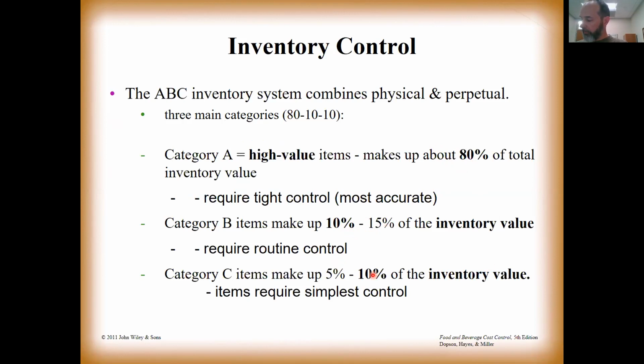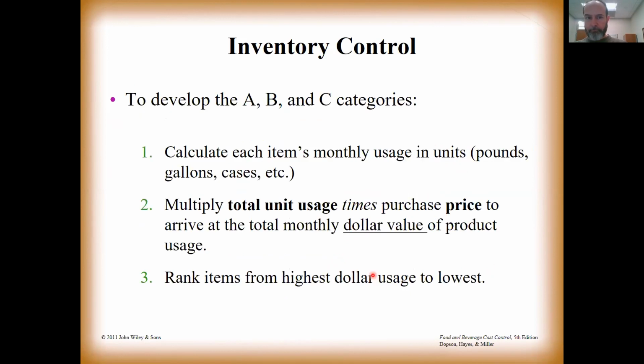So let's walk through this. How do you develop the categories? First we need to list out all the items and the total amount we use each month, so monthly usage. We're going to take that usage and multiply it by the price. This sounds familiar.